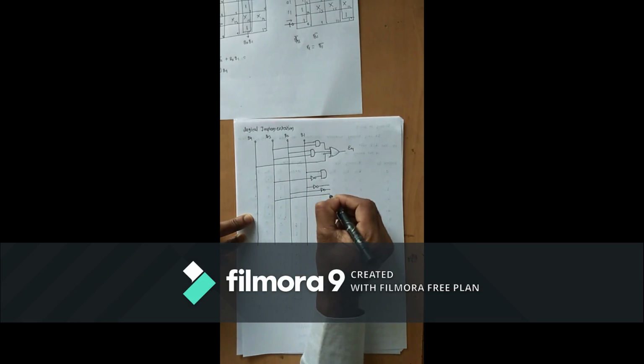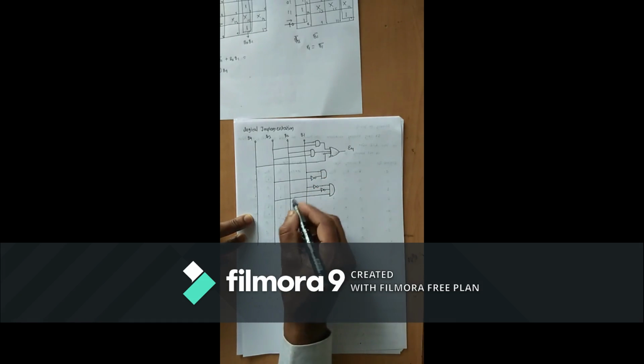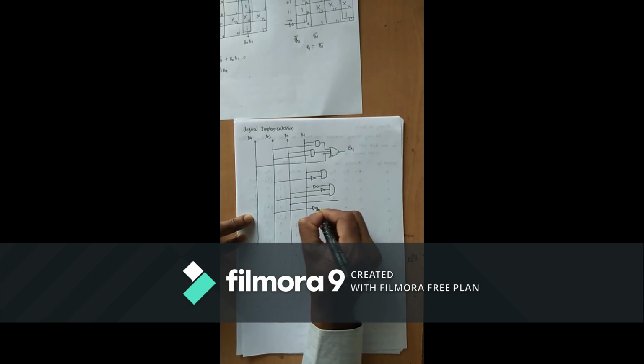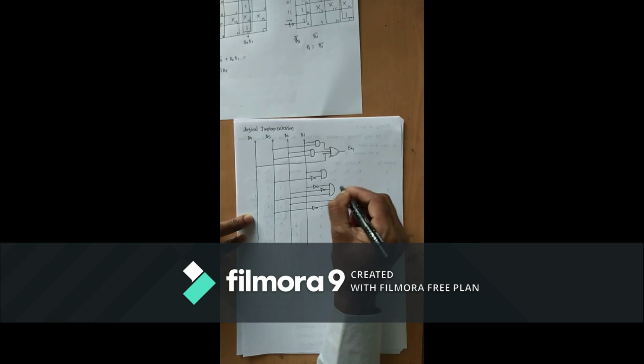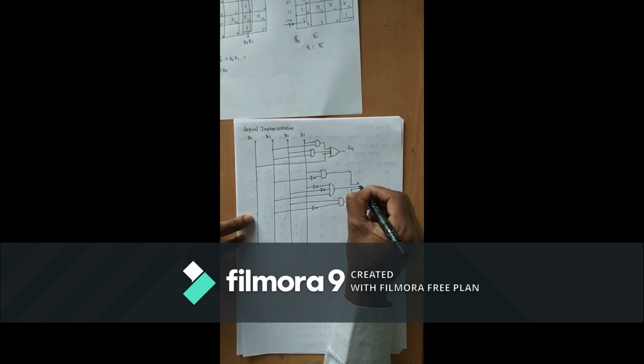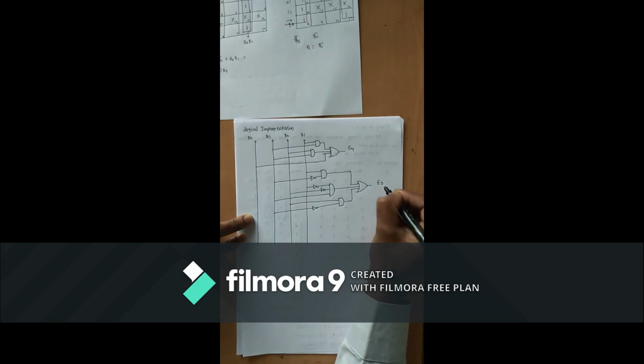These are the second term, which are ANDed together. And then the last one, I need B3 complement, B2 and B3 complement, so it will be ANDed together. And then all these terms are ORed with each other, so it will be used as E3.